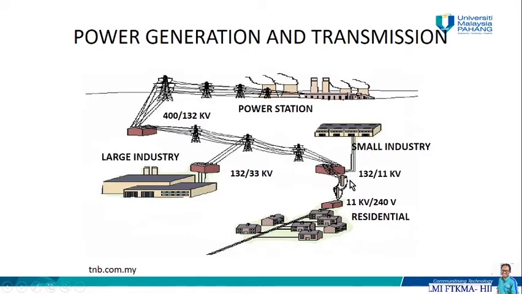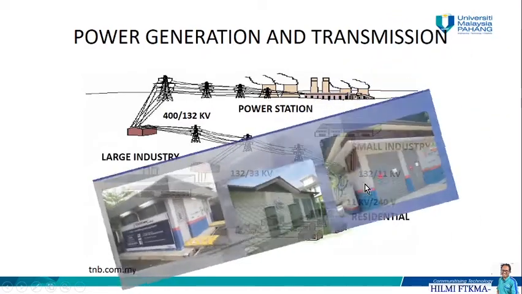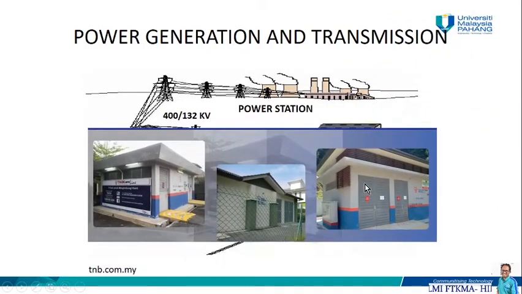For residential areas like our home, the 11 kilovolt is going to be stepped down to a much lower voltage, which is 240 volt. And you can see this kind of station or structure near your residential area or housing area, where we have the TNB substation, where inside this structure will be a lot of AC devices and of course transformers.